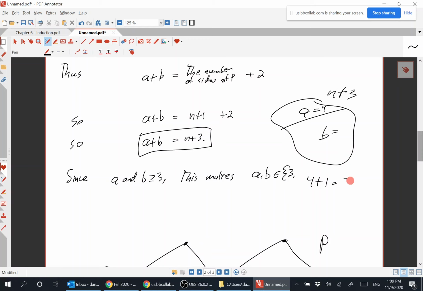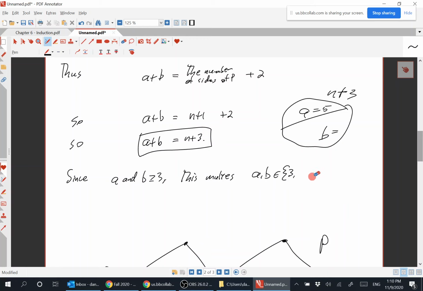We need to add up to n plus 3. 4 plus what is n plus 3? N minus 1. Suppose A was 5, in which case B would be equal to n minus 2.